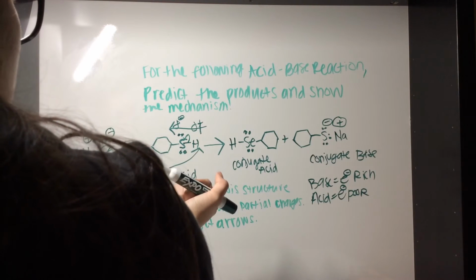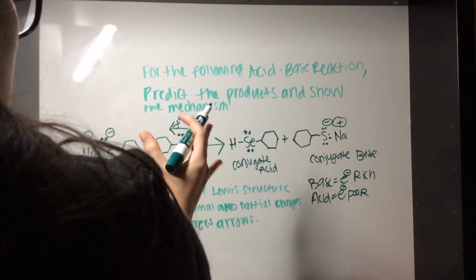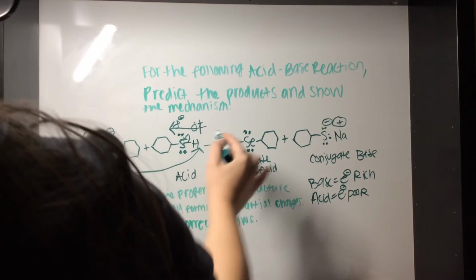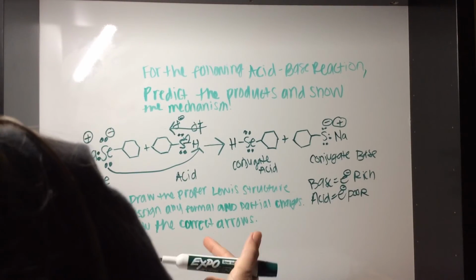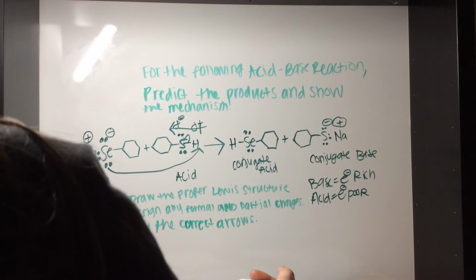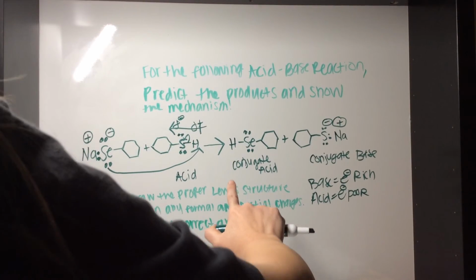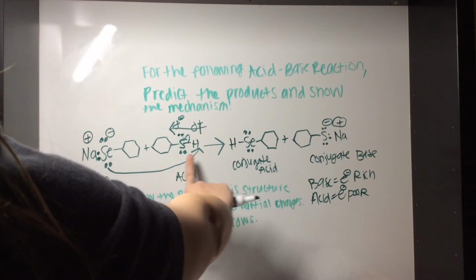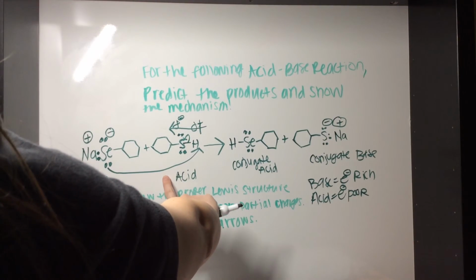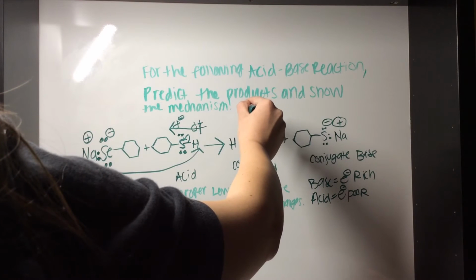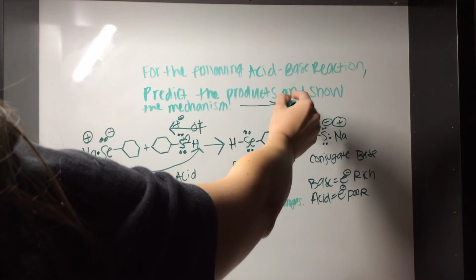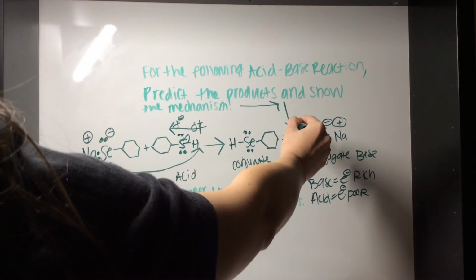For equilibrium, we always want to put the position of equilibrium, which side the equilibrium is going to favor. It's always going to favor the weaker acid. So if we compare the conjugate acid to the acid, we know that acidity on the periodic table increases from left to right and from top to bottom.